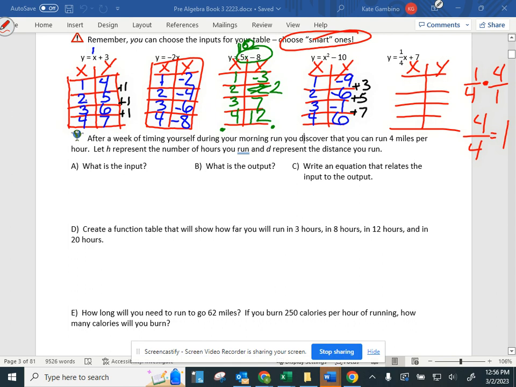I want to use those multiples of 4 that I can multiply that fraction 1/4 by and get a whole number. So if I put in, let's use plus, if I put in a 4, that would be 4/1. So that's 1. 1 plus 7 is 8.